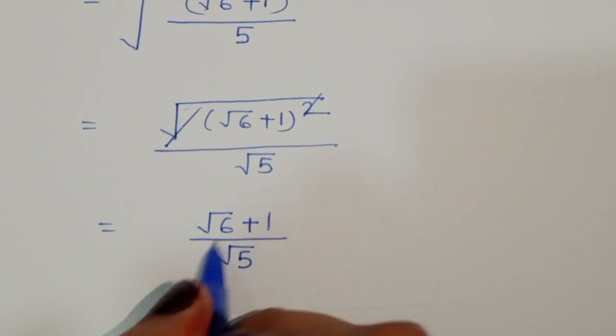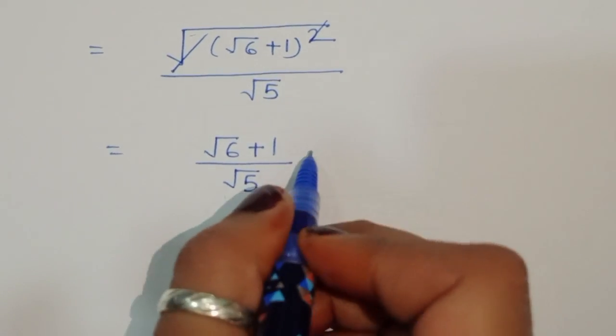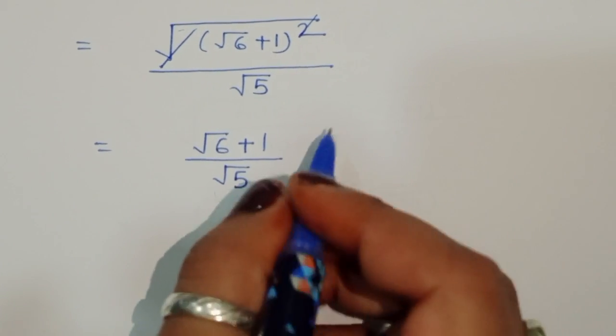Now we have to rationalize this denominator, so we multiply by square root of 5 in the numerator and denominator.